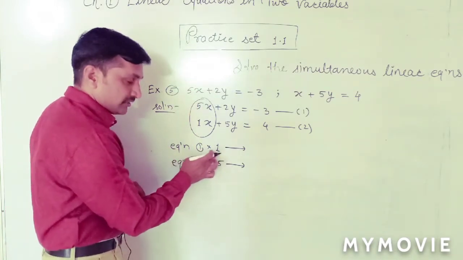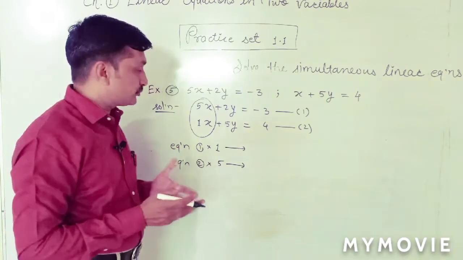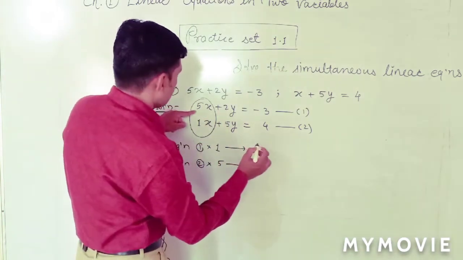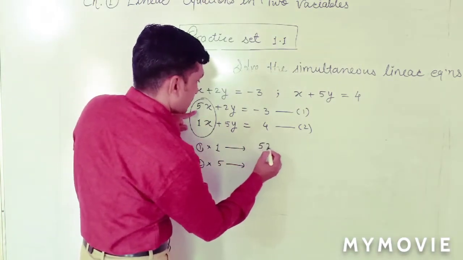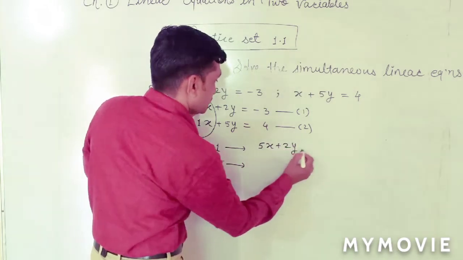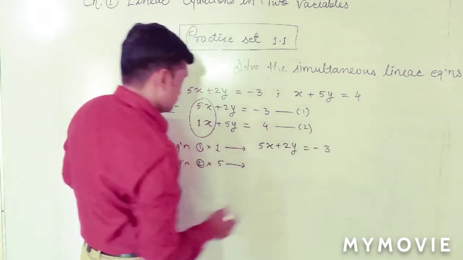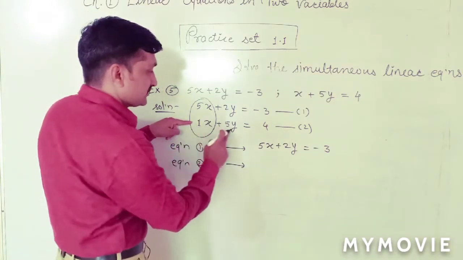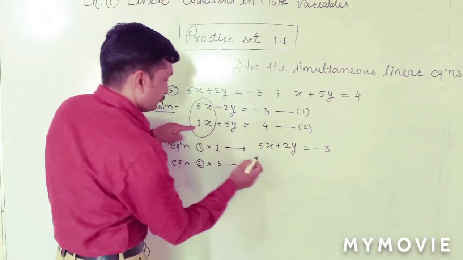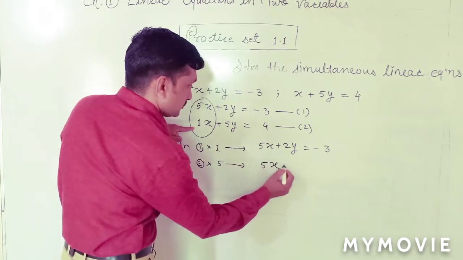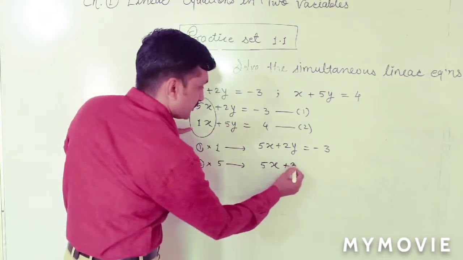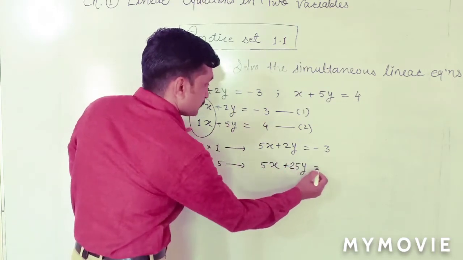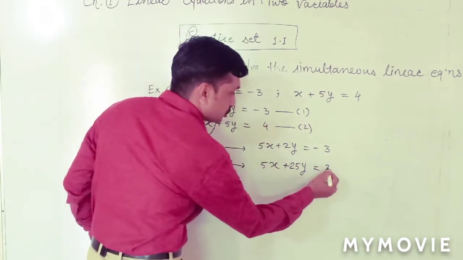Equation 1 into 1, when we multiply by 1 we don't make any change. Write this equation as it is: 5x plus 2y is equal to minus 3. Equation 2 will change. We have to multiply these three values by 5. 5 ones are 5x plus 5 fives are 25y is equal to 5 fours are 20.